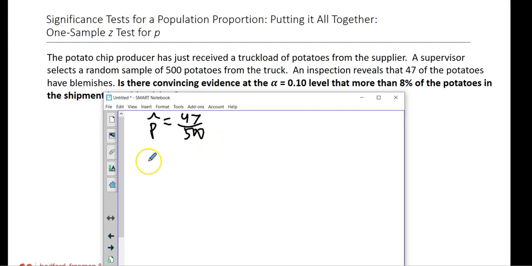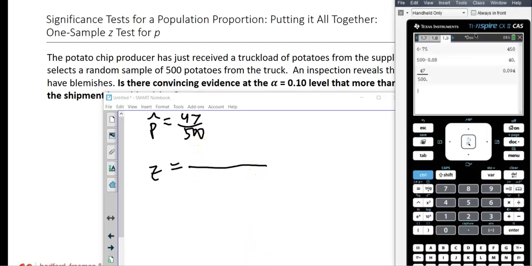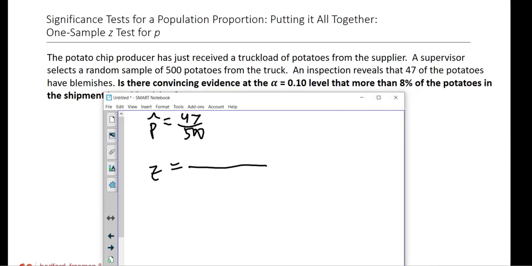So Z is p hat, which again was 0.094, minus P, which is 0.08, over the square root of, I think this is using the P value there, 0.08 times 1 minus that, which is 0.92, over 500. You want to type that in your calculator to get an answer.